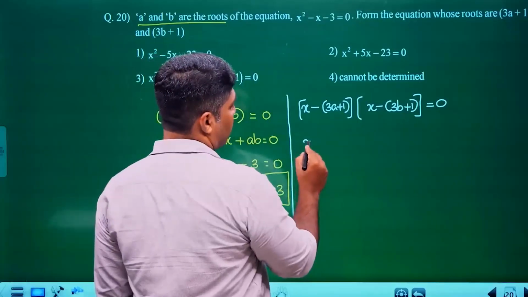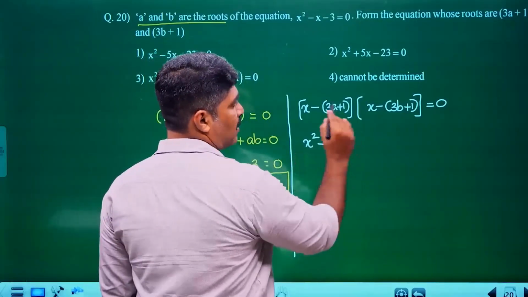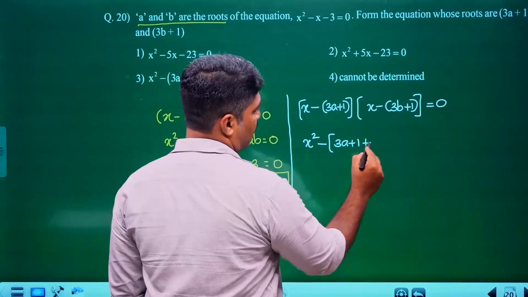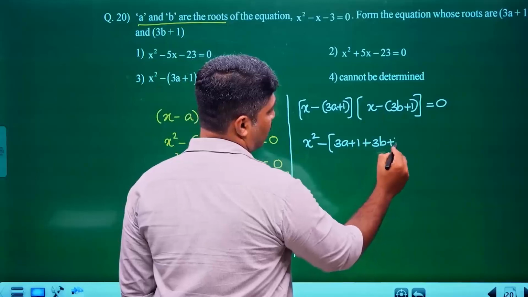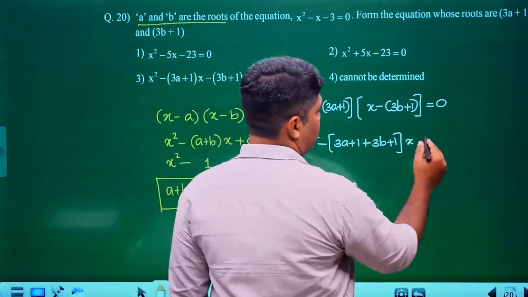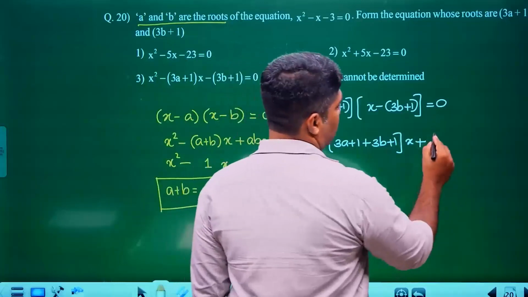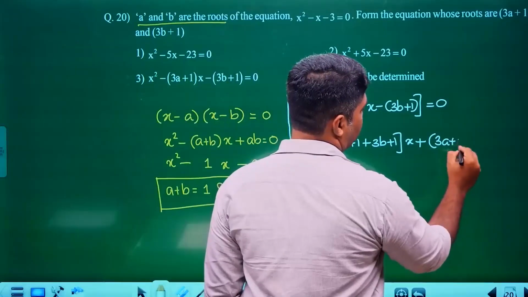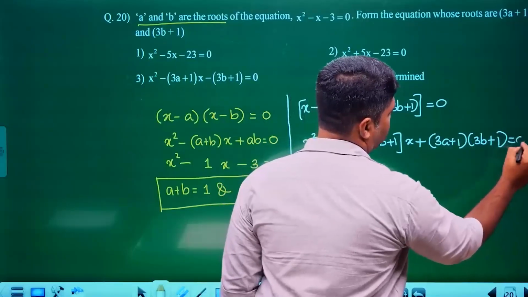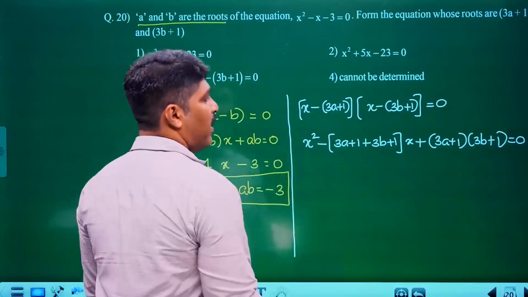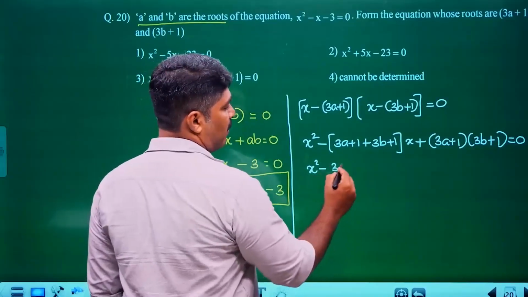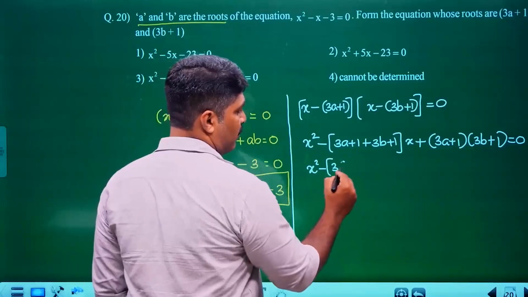This is x squared minus the sum of these two values, that is (3a plus 1) plus (3b plus 1), into x. Then the product of these two values, plus (3a plus 1) into (3b plus 1), equal to 0.